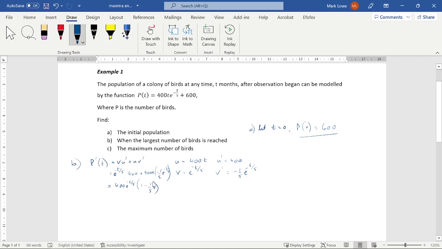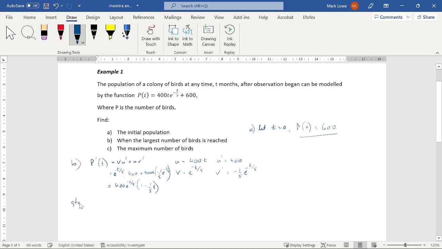For something like this, it becomes a little more complex, and in which case I'd probably lean towards using the gradient table to confirm a maximum or a minimum if I wasn't using my calculator, just for speed. Okay, so that's our derivative.